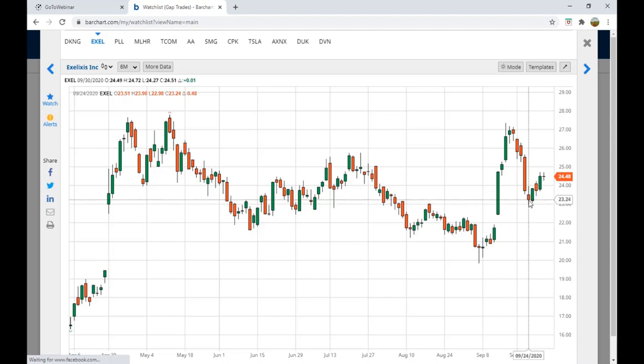Now, this one would be one I'd be interested in if price was able to continue to go above here, or a nice trade here would be to look for that gap fill. And again, for the gentleman who asked about options, this would be a great example to do a naked put strategy using that gap as a potential strike price.